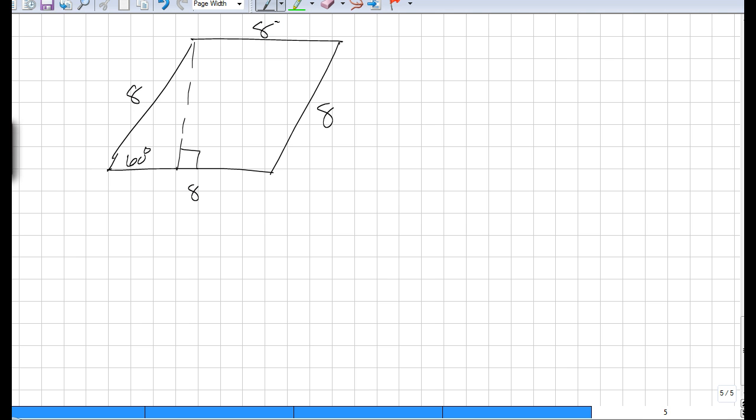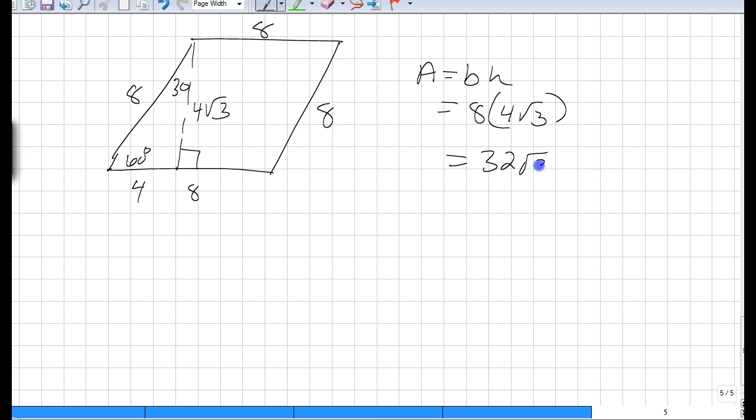And so then I know that this is my 30-degree angle. So half of 8 is 4. And then 4 times square root 3 would be my height. So in this case, I would use area equals base times height. So my base is 8, my height is 4 square root 3. And so that would be 32 square root 3 units squared.